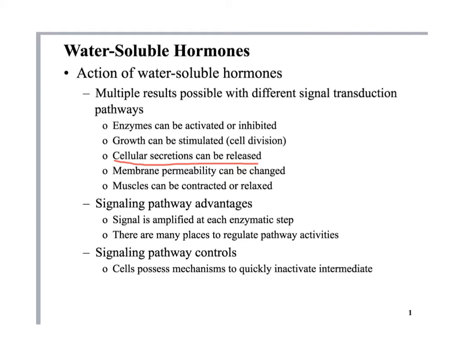Every single step along that pathway is also a place where that pathway can be regulated or shut off. There's a typical pathway called the MAP kinase pathway, a signal transduction pathway. MAP kinase is mitogen activating protein kinase. You don't have to know about it. This is just an example of how it works.